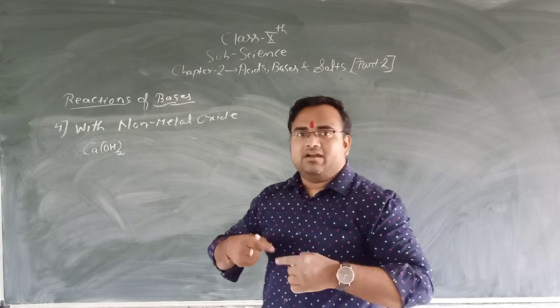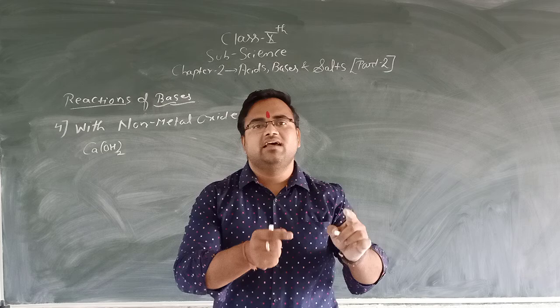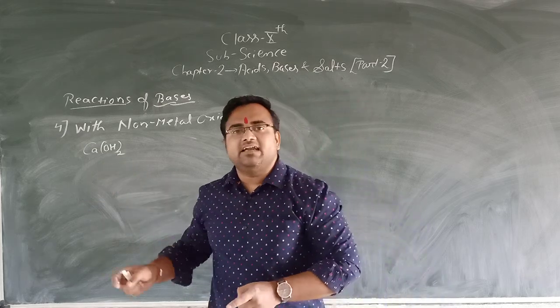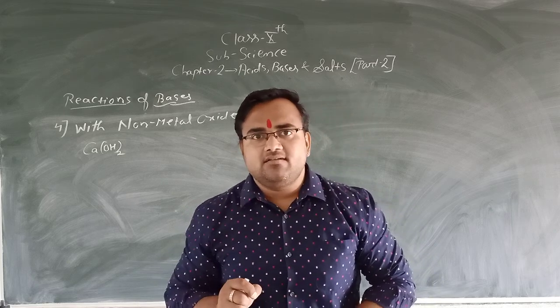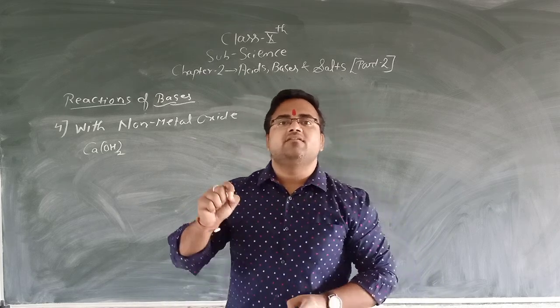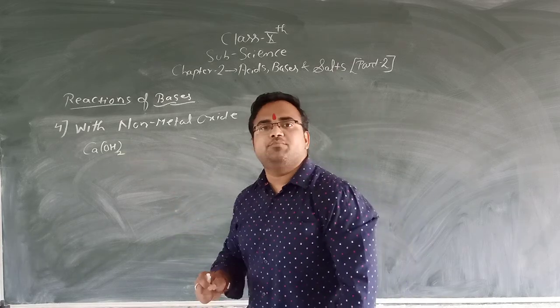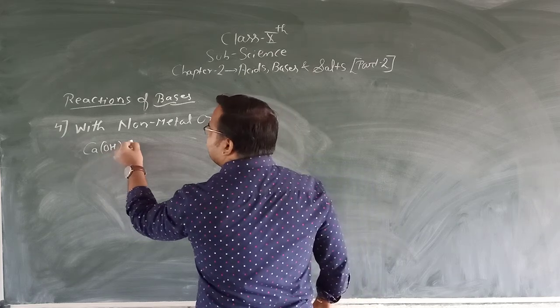We can understand this by a simple example. Whenever metals are treated with oxygen or hydroxide, the result is basic in nature. So calcium hydroxide is basic in nature. So the base we have given is calcium hydroxide.